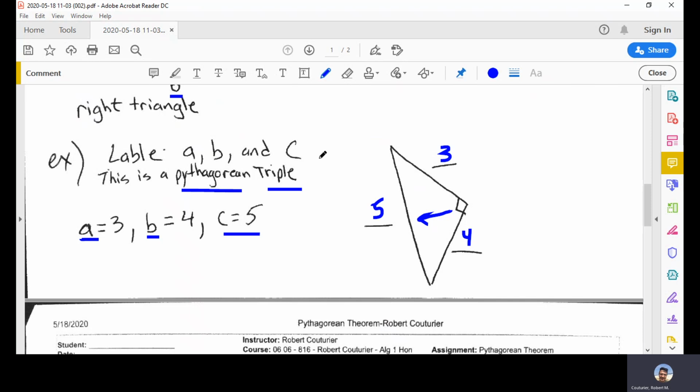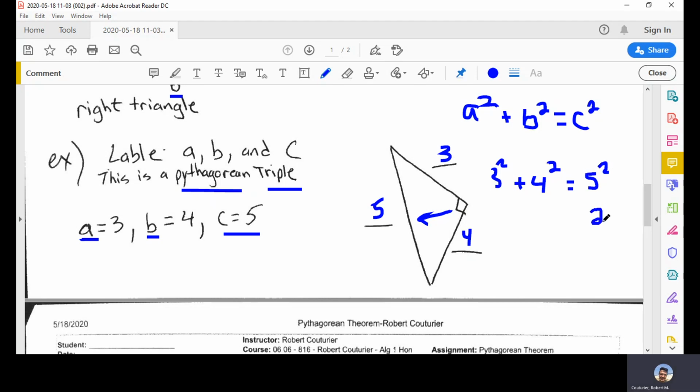We'd have to plug it into the formula to find out. So if you remember, it's what? A squared plus B squared equals C squared. So if the legs are A and B, you have 3 squared plus 4 squared equals 5 squared.